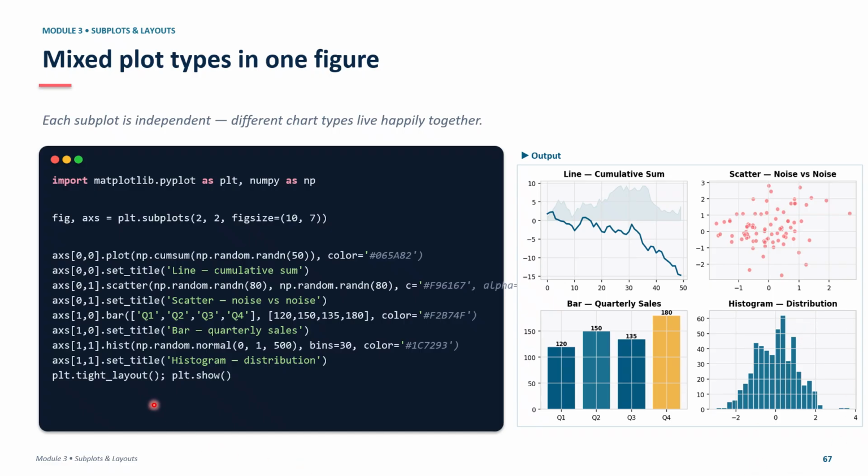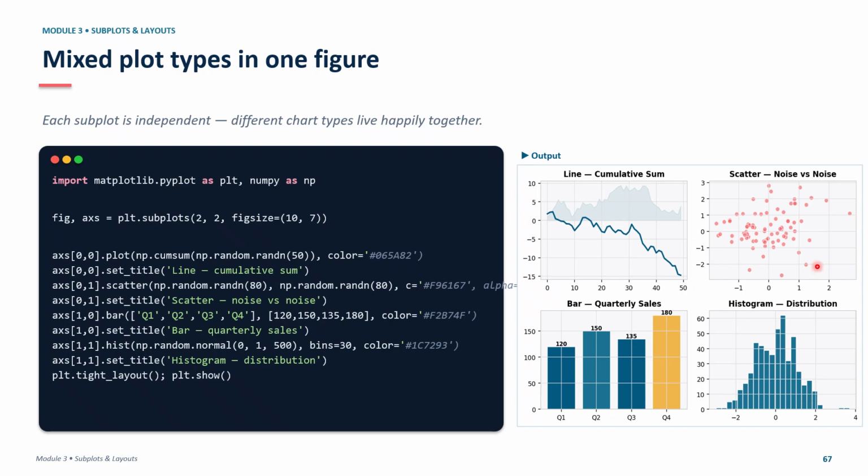And plt.tight_layout, as we have mentioned earlier, at the end can prevent the 4 panel titles from overlapping. So this is how the output will look: 4 completely different chart types together in a single figure, each one clearly titled, and each using a different color from the module's consistent color palette.